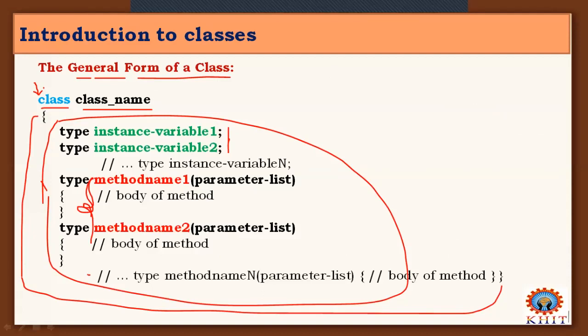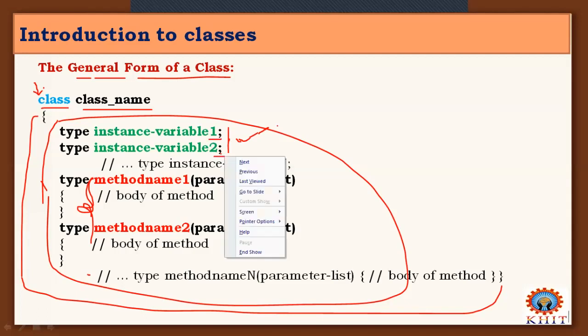The first is called an instance variable or member variable, and the second is called a member function or method of a class. We can create many variables, there is no particular limit in defining member variables of a class. Variable 1, variable 2, up to variable n you can define.